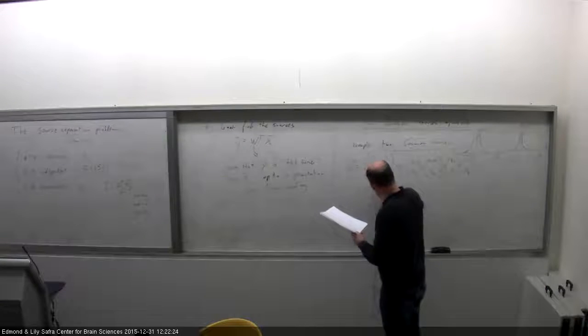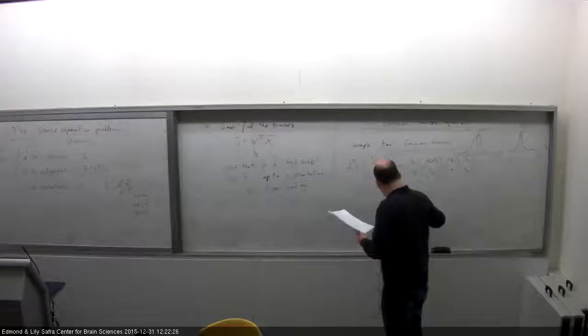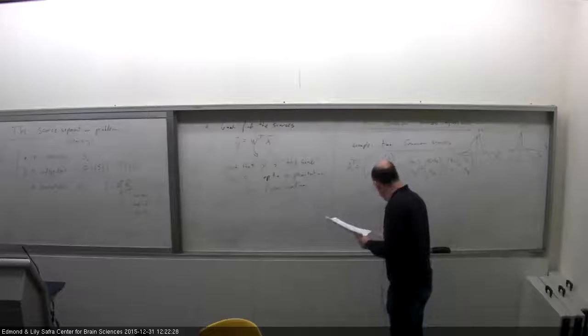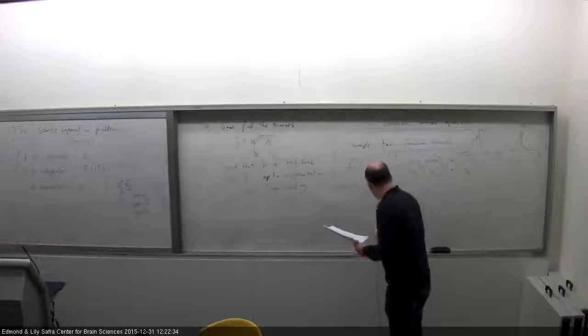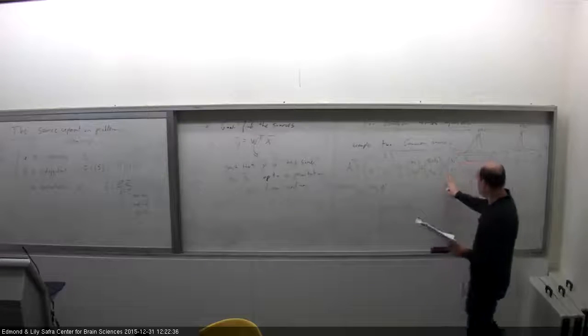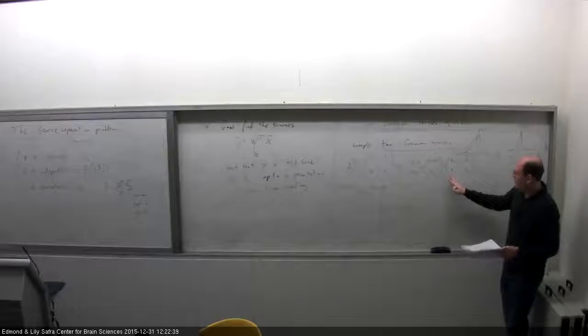I'm drawing a density plot of P of x1, x2, but I want to draw it as a sum of the contribution from this and the contribution from this.